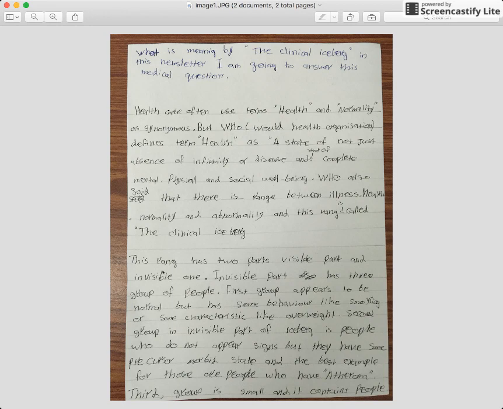This iceberg, I can't say it, has two parts, visible part and invisible part. Okay, good. Invisible part has three groups of people. First group appeared to be normal, but has some behavior like smoking or some characteristics.